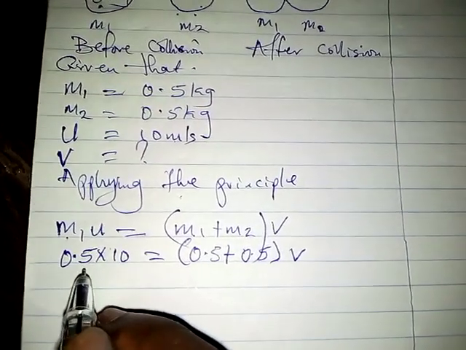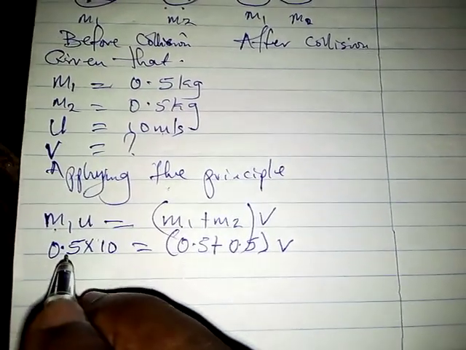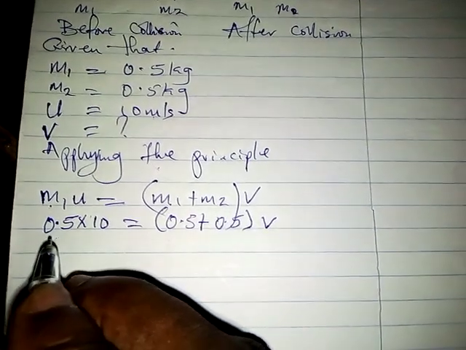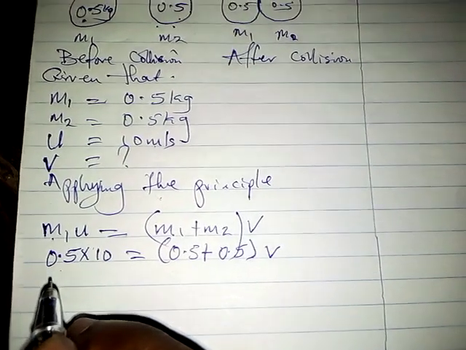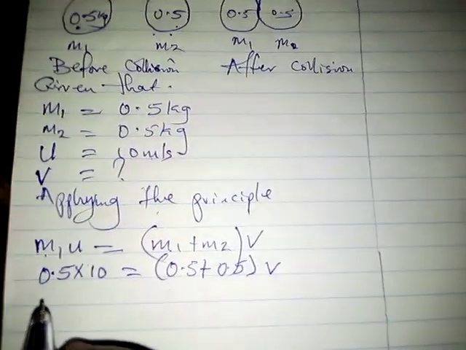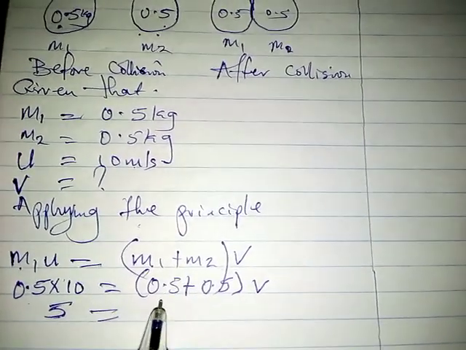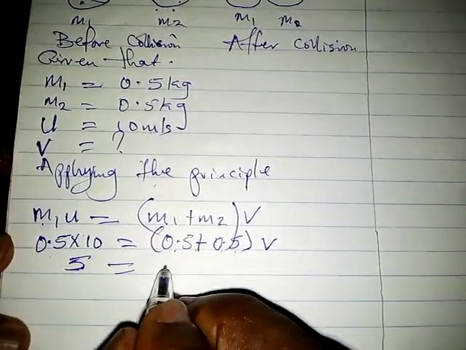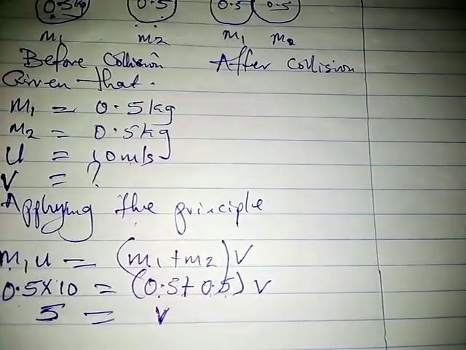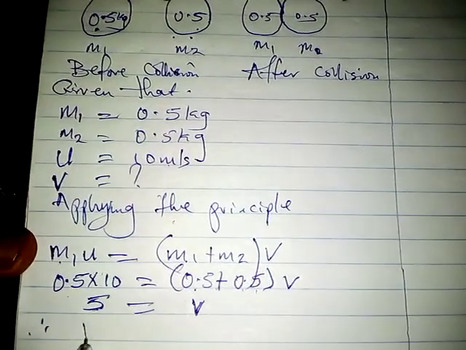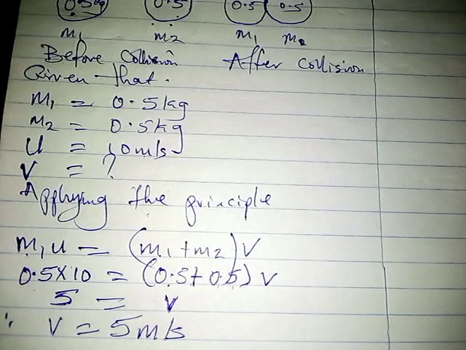The next thing we put there is 0.5 times 10. 0.5 times 10 should be, sorry, that's 5 rather. 5. So we have 5 here equals 0.5 plus 0.5, that is 1. So we can just say 1V. That means we're having V in that case. So if you write it, therefore V equals 5 meters per second, and that is the answer.